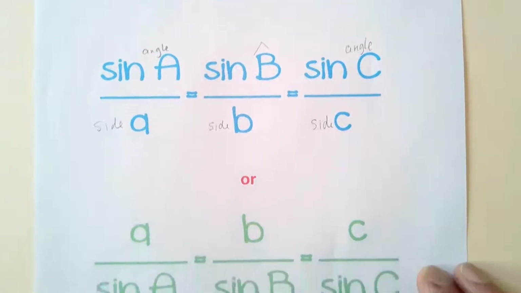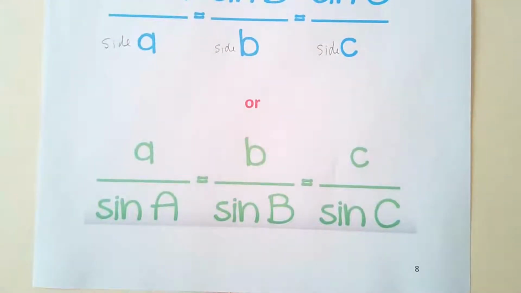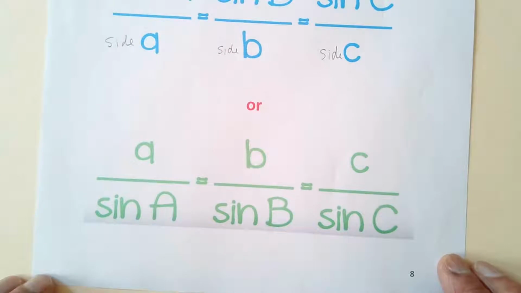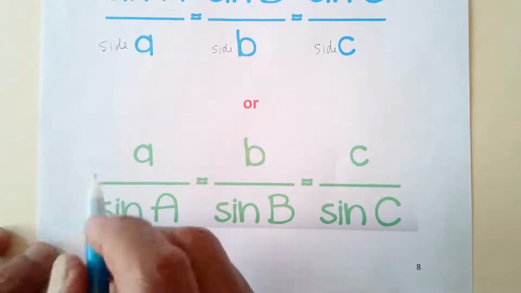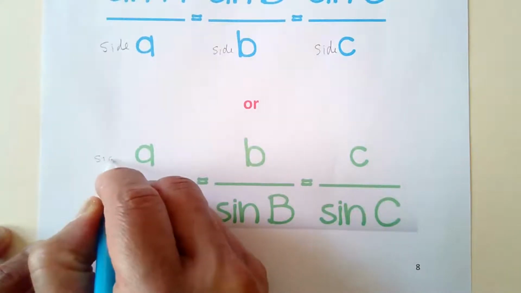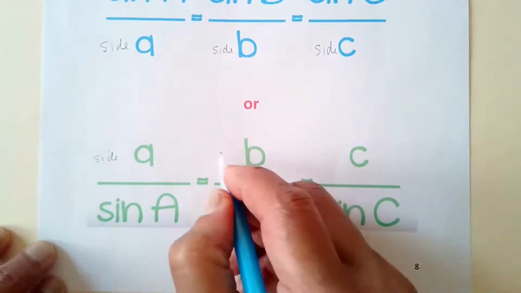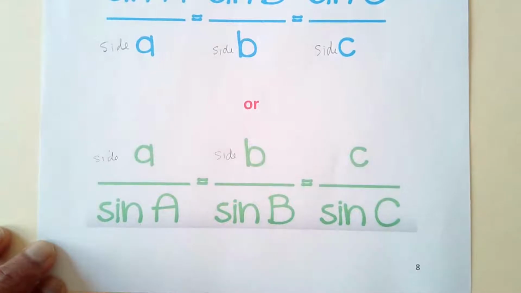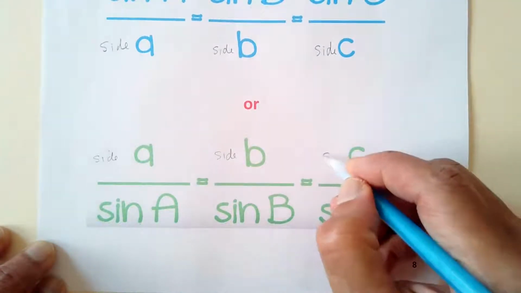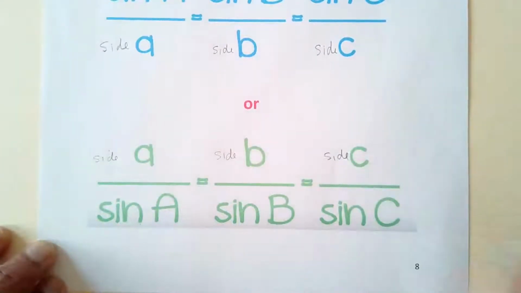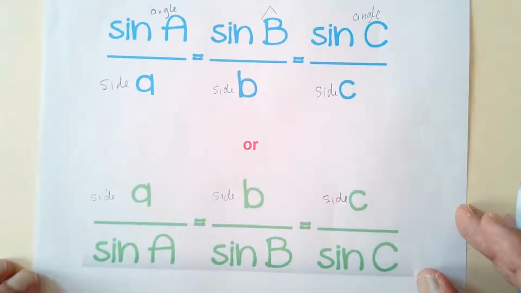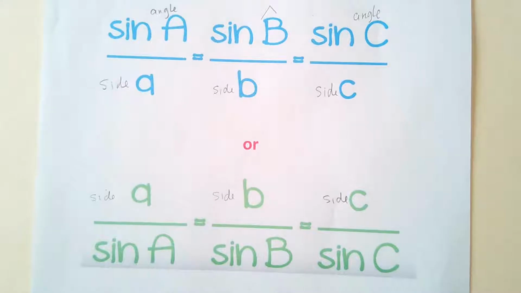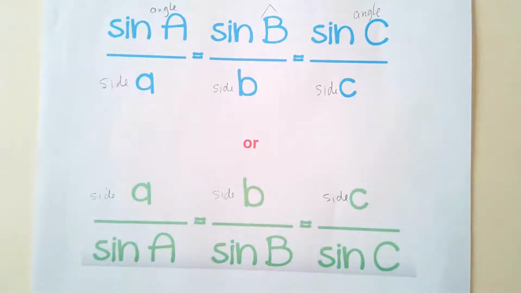We could also flip it over and label it differently, and I'll show you why it may be an advantage to have the side listed at the top. So we have side a over sine A, side b over sine B, and side c over sine C. They are related, just ratios of angle over side or side over angle.